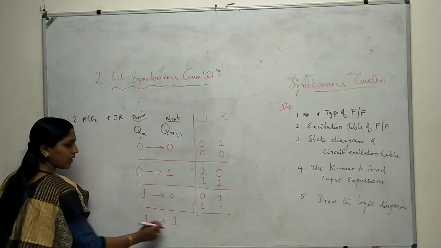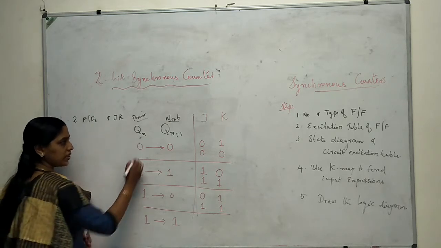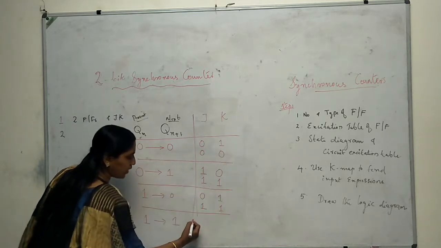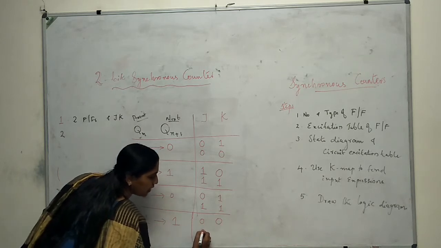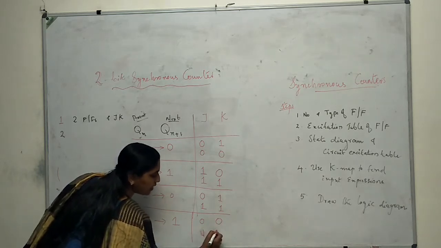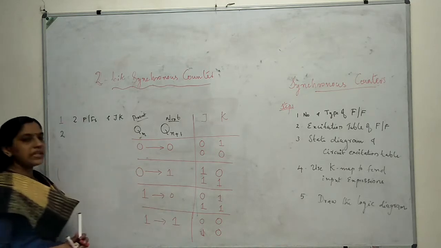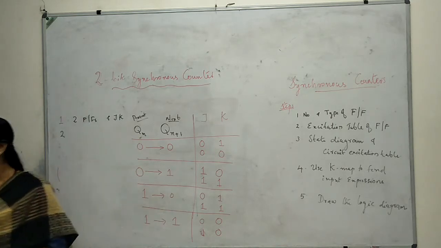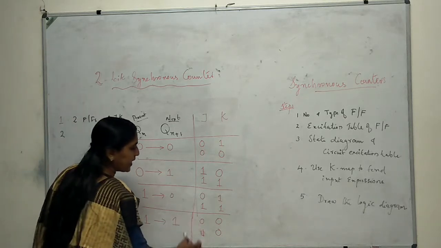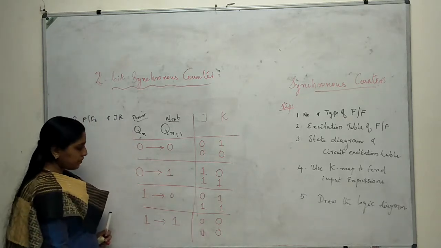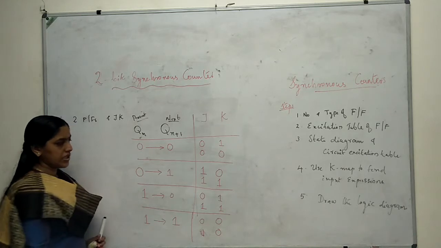In which cases will you enter into this particular condition? That is 0 0 or 0 1. So these are the various cases in which you get this type of transition.